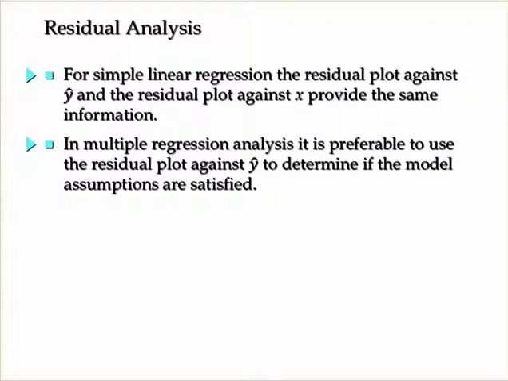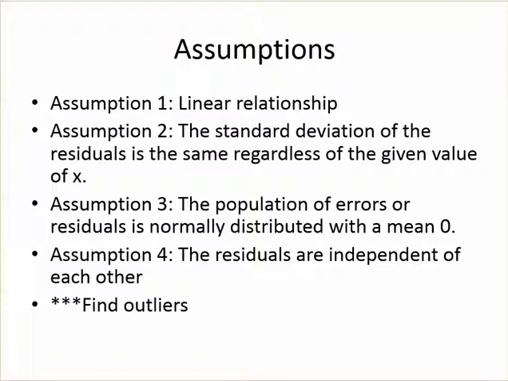What are the assumptions imposed on our regression model? Here we have 4 assumptions imposed on our linear regression model. The first is that the relationship is linear. How can you interpret this?